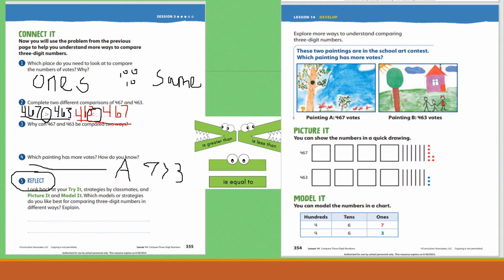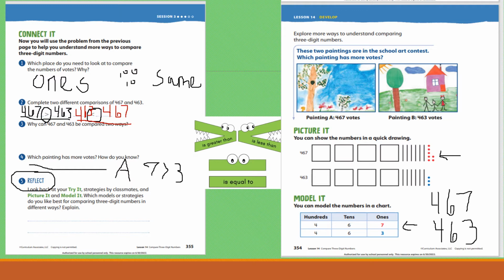All right. Did you like doing it this way? Drawing the picture? Do you like drawing the chart? I gave you another way by making the numbers 467 and 463, and just lining the numbers up. Okay?